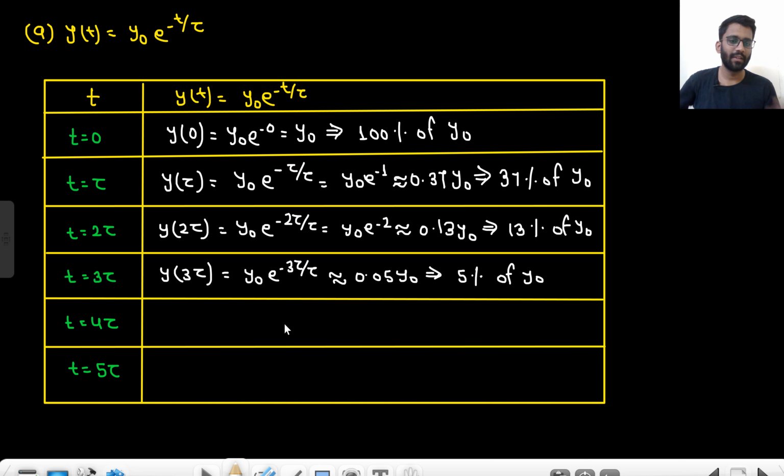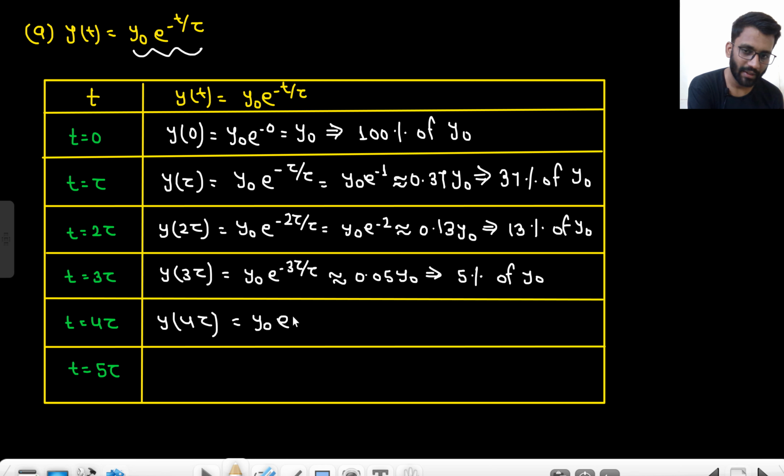Are you seeing this point? This is a complete transient response, right? There is no steady state. We start from y0 and it will decay down to 0. As the time is increasing, for tau, 2 tau, 3 tau, 4 tau, the value is getting down, right? For t = 4 tau, it will become y0 e^(-4), so it will be nearly 0.02 y0, 2% of y0.